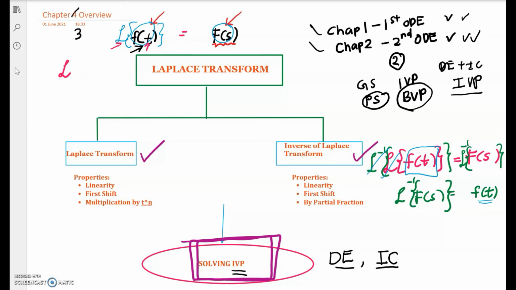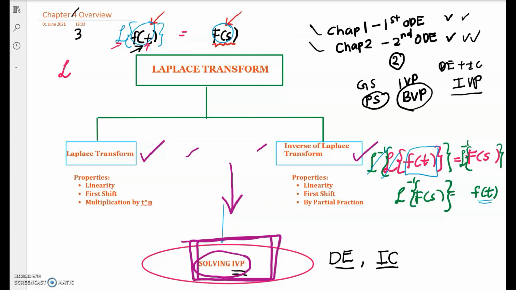The combination of these two pieces of knowledge will lead to successfully solving initial value problems.